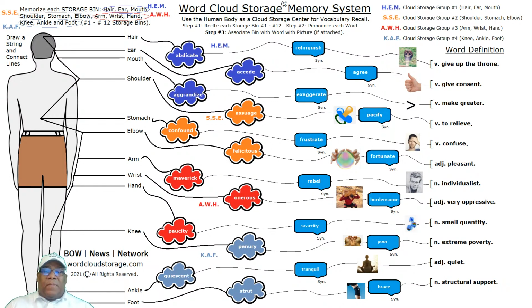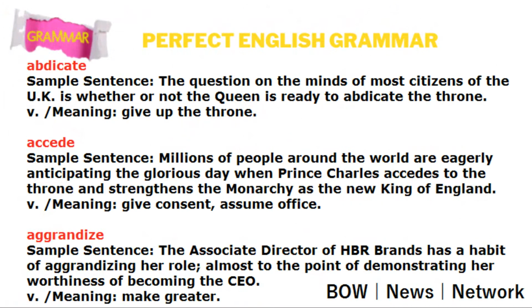So we see there another one called accede, which means, synonym, give consent or agree, and we see the thumbs up there. So let's see how it's actually used in a sentence.